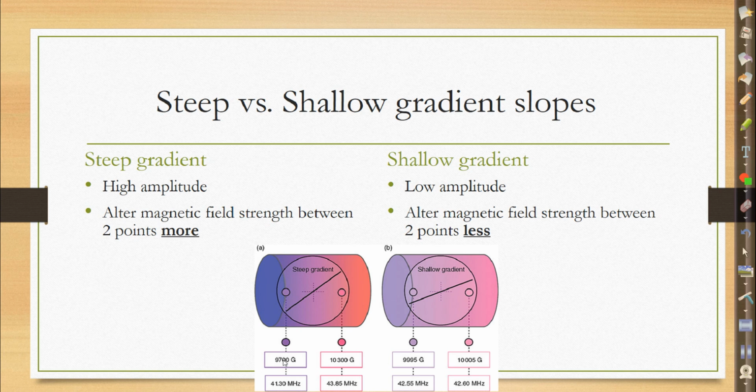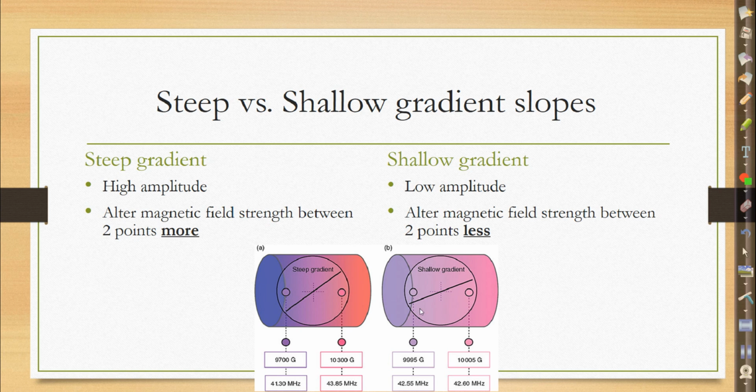Here, see how the field strength, expressed in Gauss, goes from 9,700 all the way up to 10,300. So we get a greater range in magnetic field strength, which equates to a greater range in precessional frequency, because remember, that's part of the Larmor equation, it's proportional.